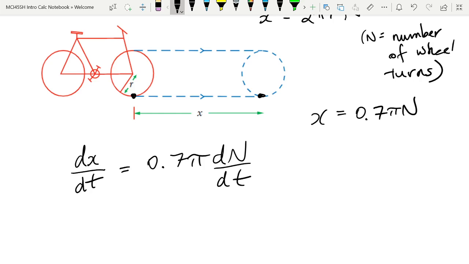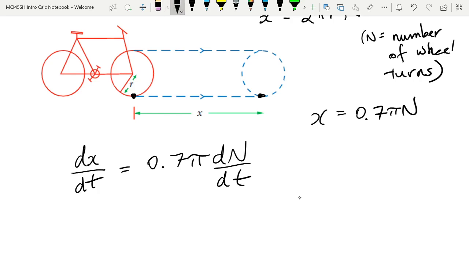This formula involves two different slopes. Slopes are rates, and these rates are related to each other, right? As the number of turns of the wheel increases, the speed increases. As the speed increases, the number of turns of the wheel increases. You can't increase one without increasing the other. So these two rates are related to each other.